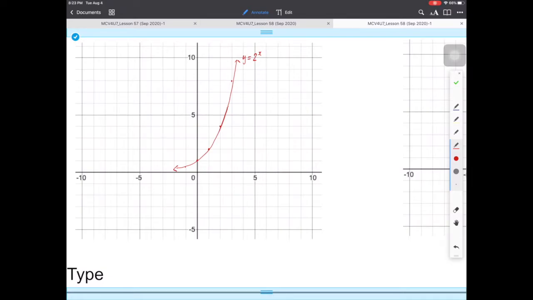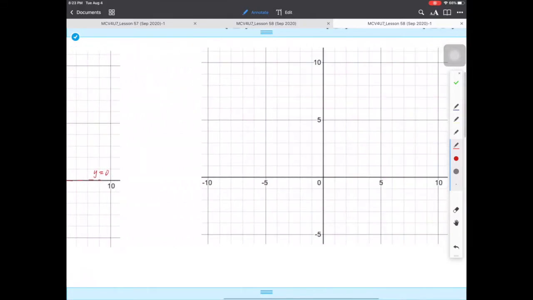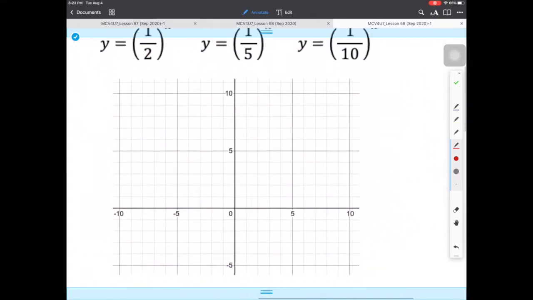The other two graphs you can add on later. Let's sketch in the horizontal asymptote and label that as well. I will do the same for y equals 1/2 to the power of x.